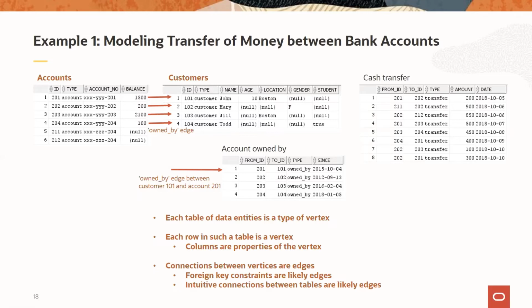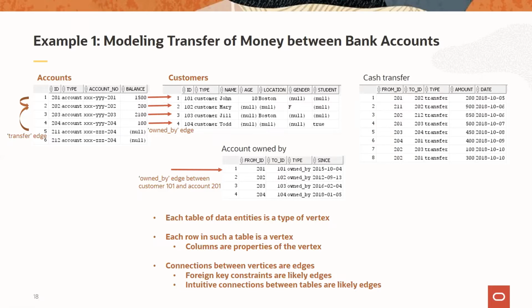That again is a relationship that can be edges between accounts. It's perhaps not an edge between customers and an account, but an edge between the account vertices. You can see here that there's a cash transfer between account 201 and 202, a cash transfer between 211 and 202. So all of these are edges in the graph.